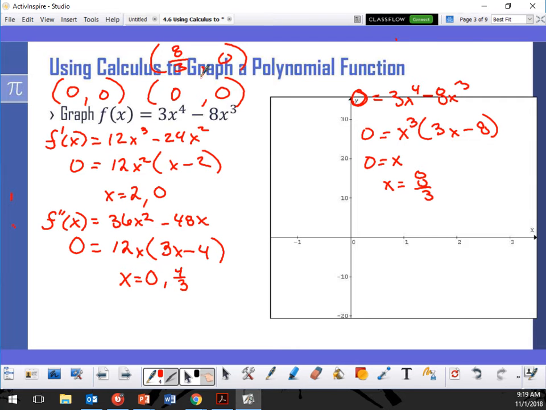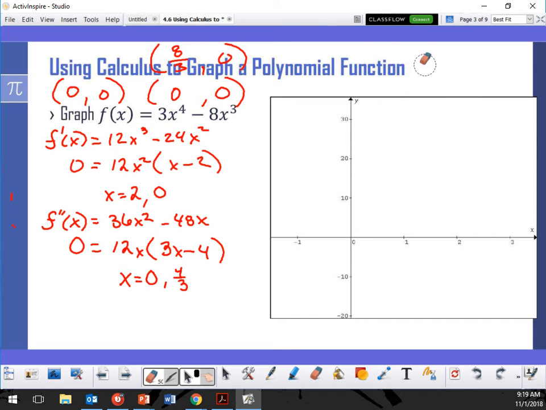So, okay, there's all kinds of information I'm getting from this. So I know I'm going to touch the point at 0, 0, right? Yes. I know I'm also going to touch it at 8/3 and 0. So 8/3 and 0.